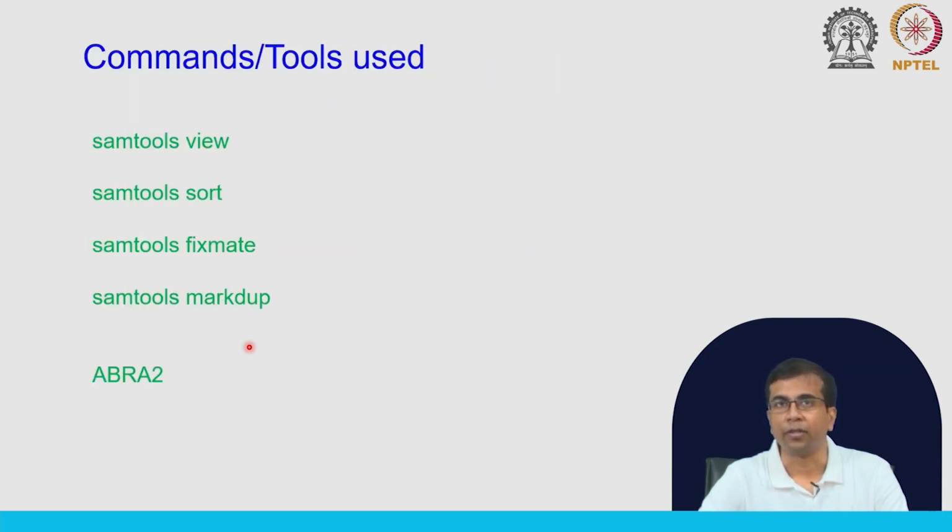The commands or tools that we used, I will just list them here. SamTools view, sort, fixmate, markdup, and we also use the tools after that. So, you can go and see the options in the manual page, right, what these options mean that we used, and read about all the other options that are also out there.